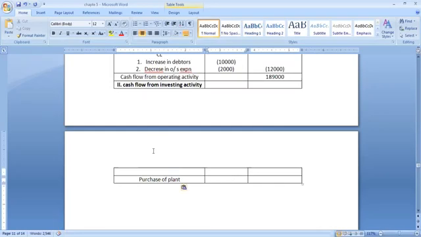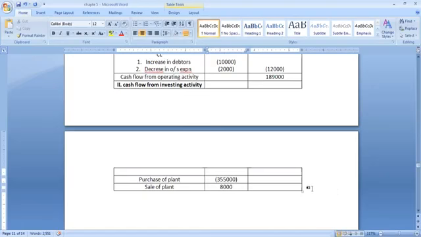Purchase of plant, you got it as 3,55,000. Okay, and take the sale of plant as well. Sale of plant is given as 8,000.